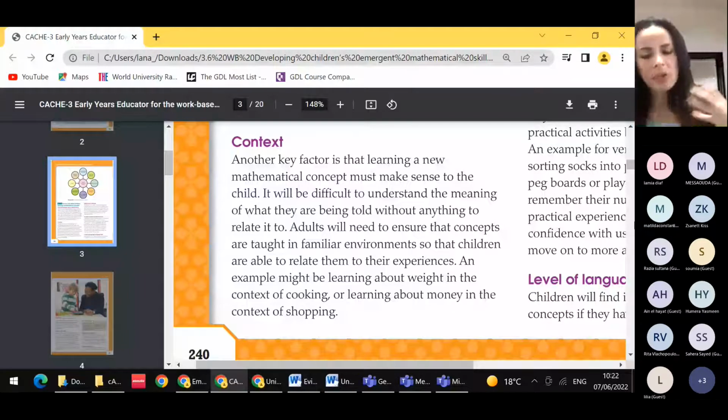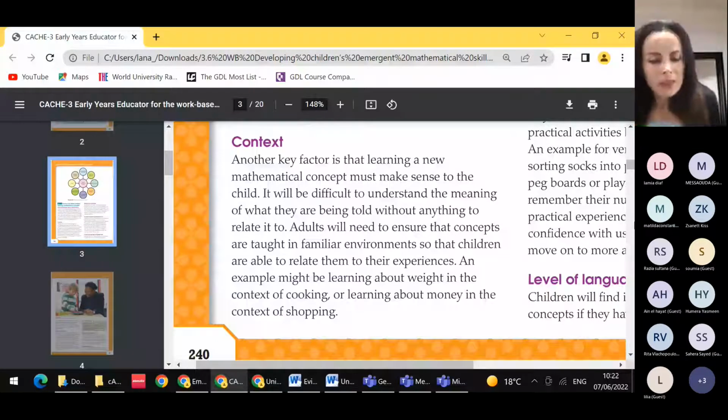This is how you relate to their experience, and then you start telling them that this is, for example, a triangle, this is a rectangle, they don't fit together. That's why you have to bring the right shape to fit them together.